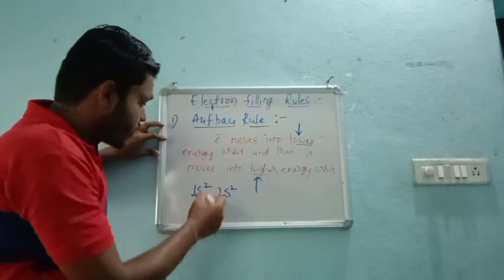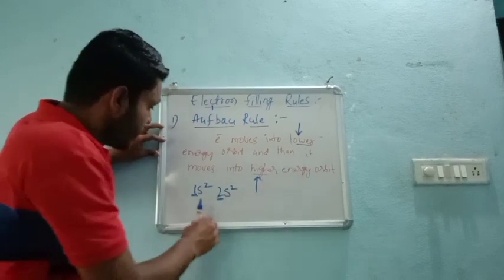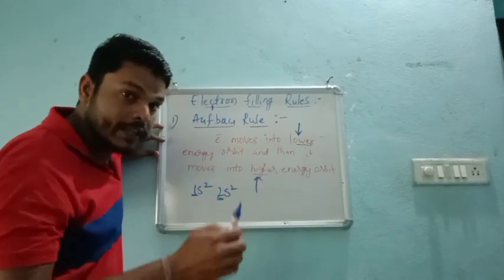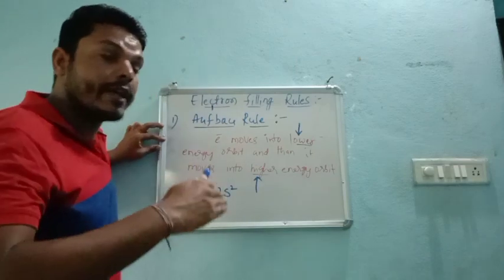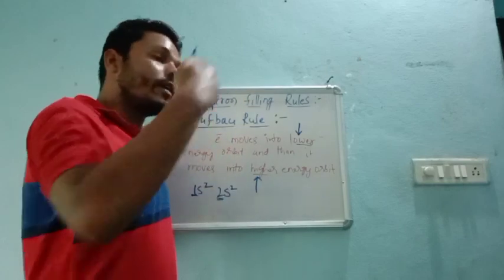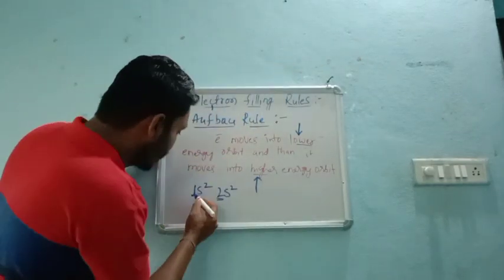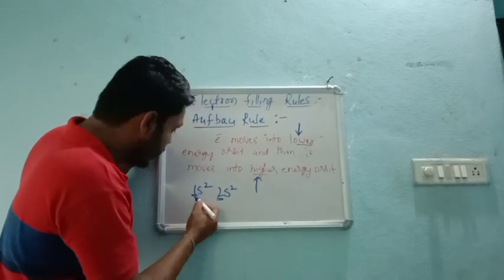Before starting this video, I showed you that n equal to 1 is the lower energy orbit, and the energy increases in the second, third and fourth shells.